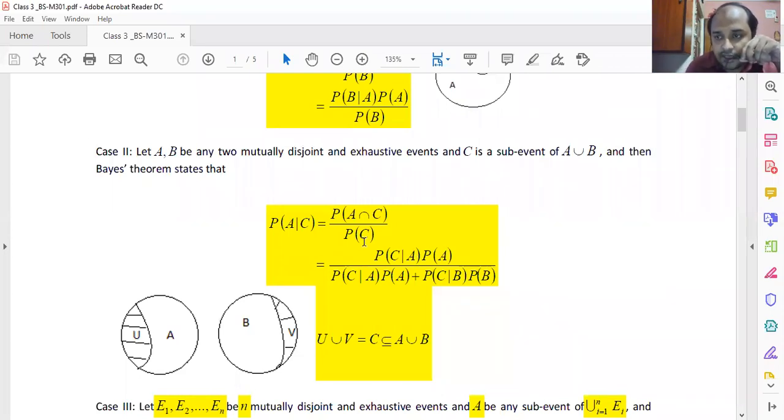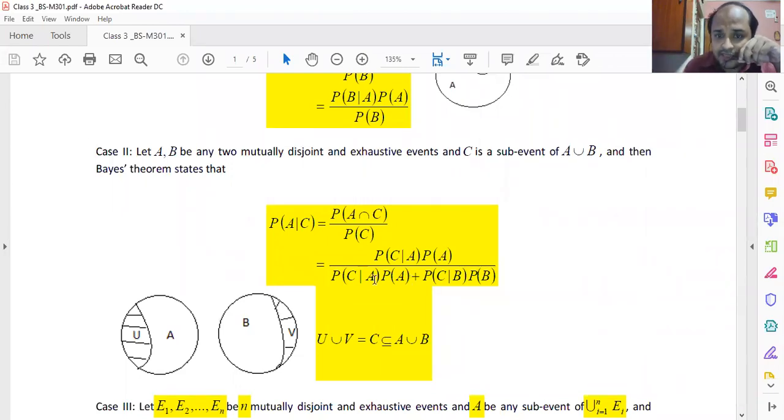By the definition of conditional probability, we can write it as probability of C given A into probability of A. But in the denominator, you see, I have written something else. Previously, in the denominator, probability of B was only there. Now, I have not written it as probability of C only.